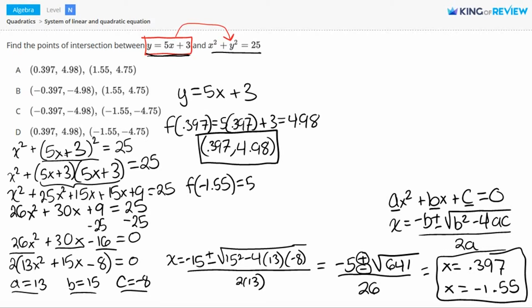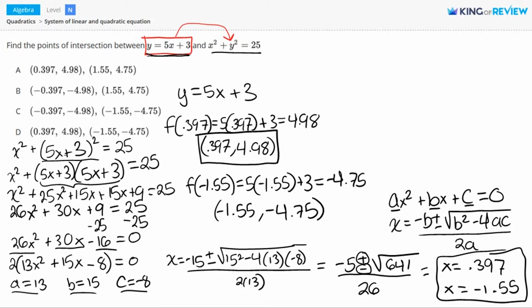This equals 5 times negative 1.55 plus 3, and this equals negative 4.75. So we have a point of intersection at (negative 1.55, negative 4.75). This is our second point of intersection.